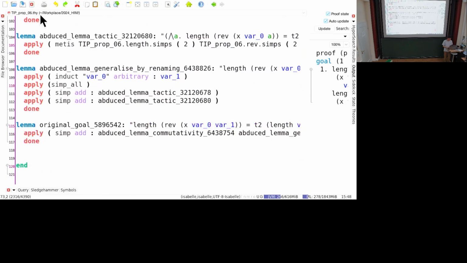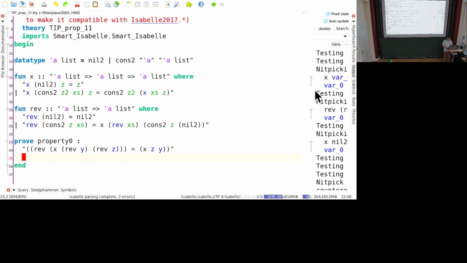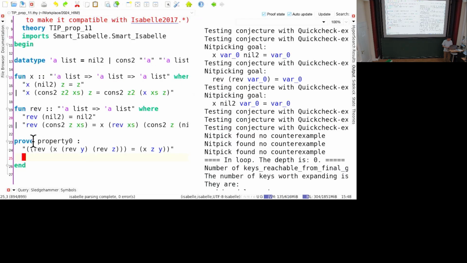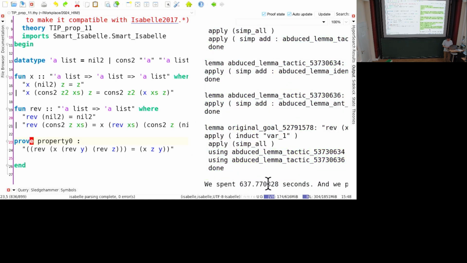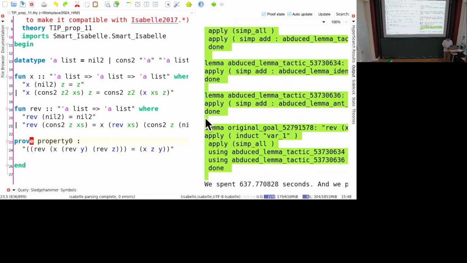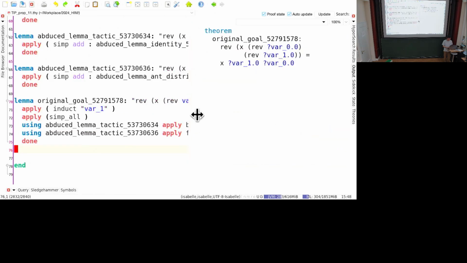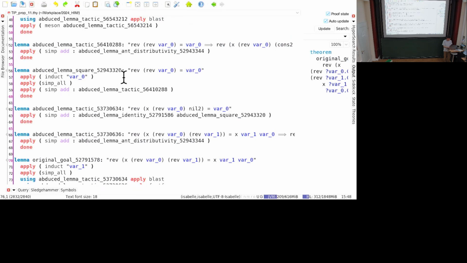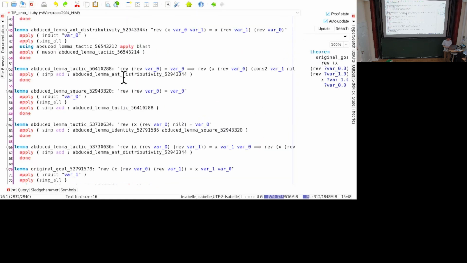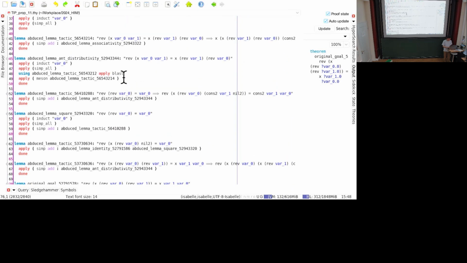And proposition 11, 600 seconds, and we got this proof script.